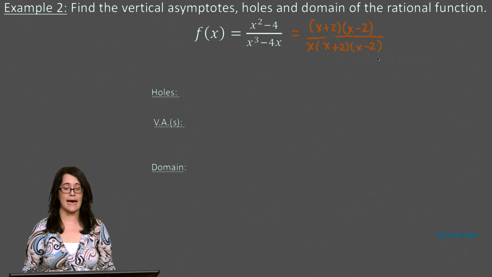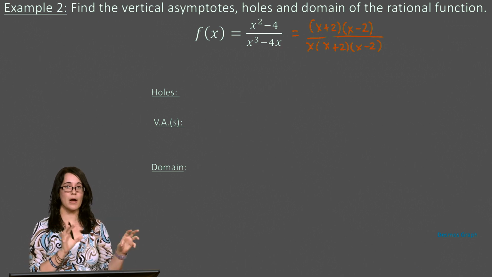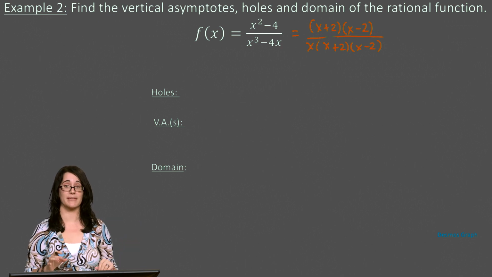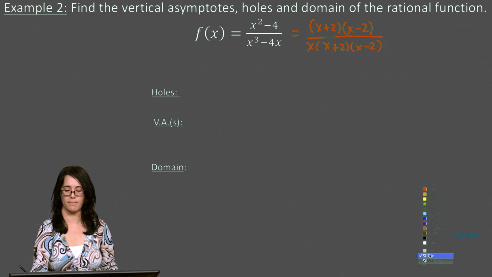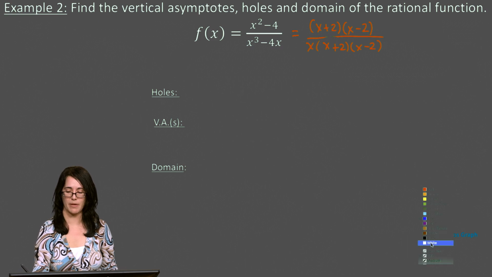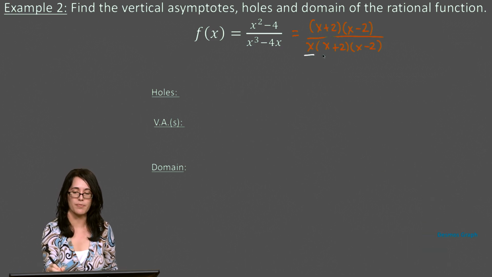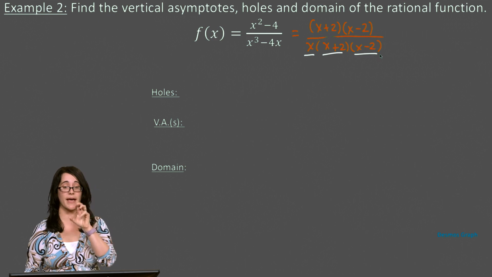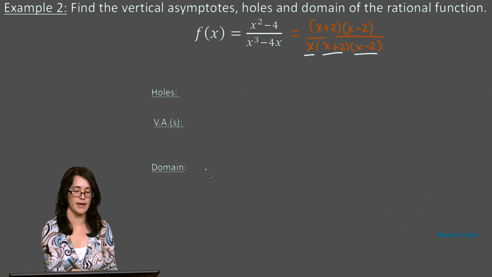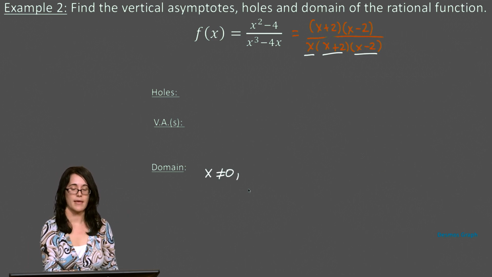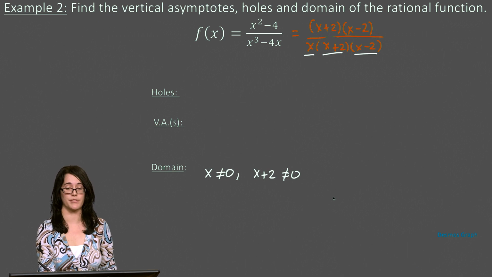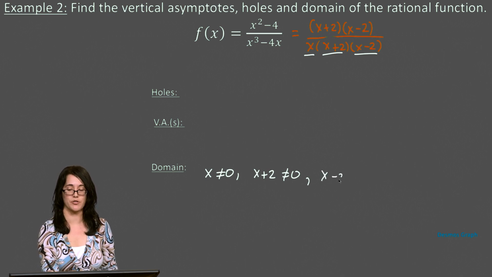Now the reason I did that is I can now see the 3 problem areas for x, but I'm going to be able to cancel as well. So let's talk domain first. If I was interested in the domain, I would notice here that there is some cancellation that's going to happen, but before I do, the 3 problematic factors would be if x was 0, so x cannot equal 0, if x plus 2 equaled 0, or if x minus 2 equaled 0.